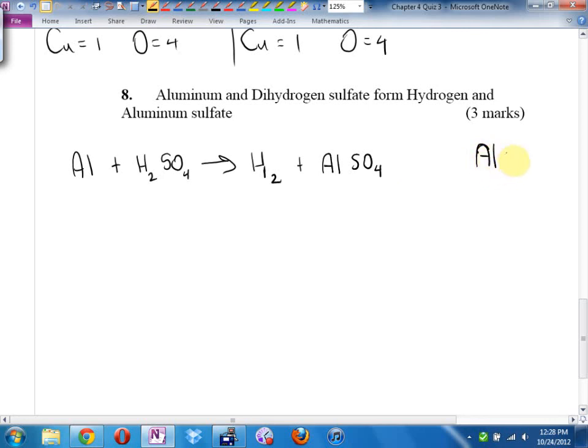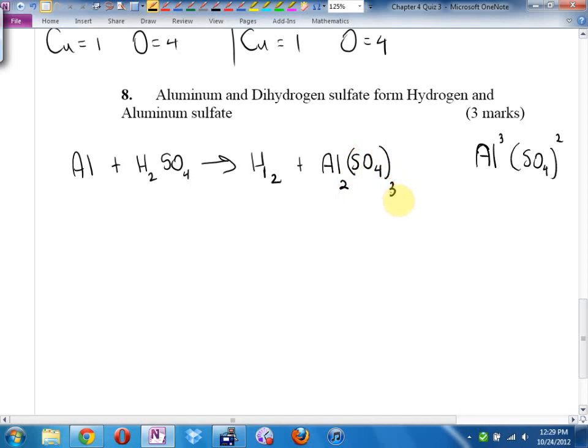What's the charge on aluminum? Positive 3. What's the charge on SO4? 2. So that's going to have a 2, and this whole thing is going to have a 3.